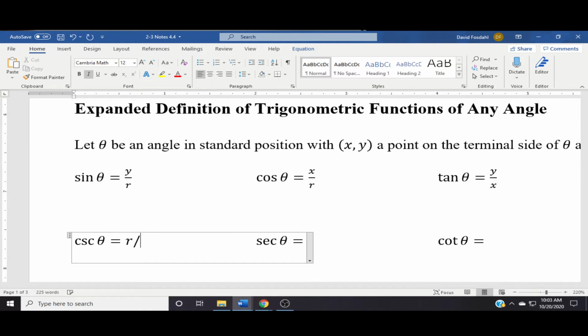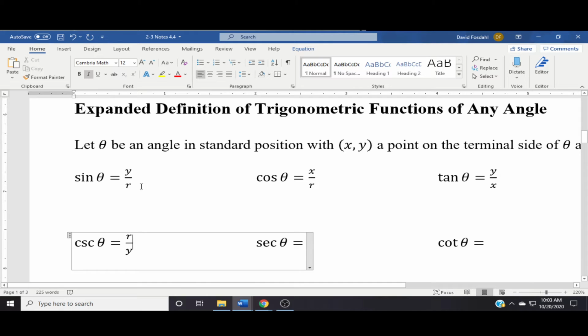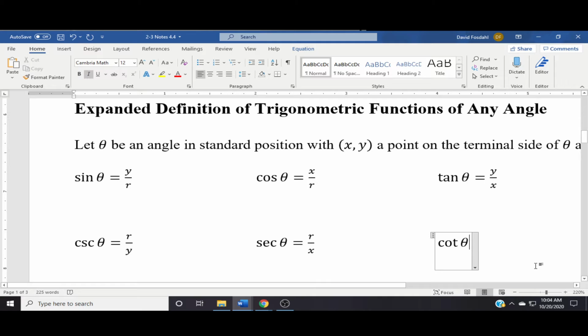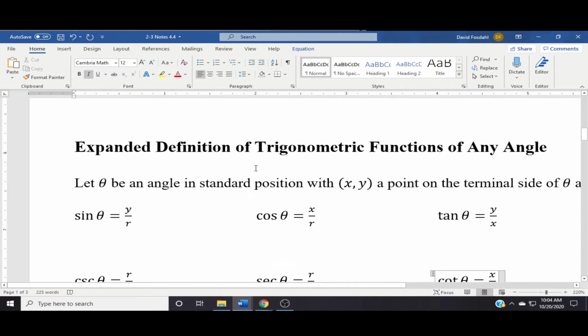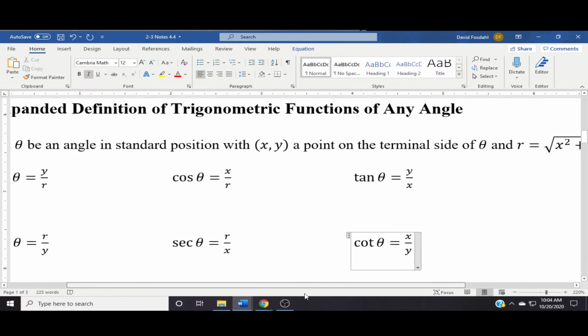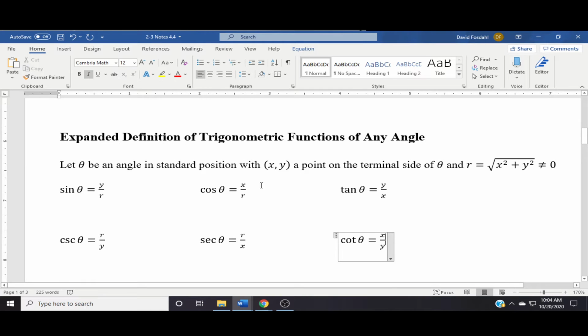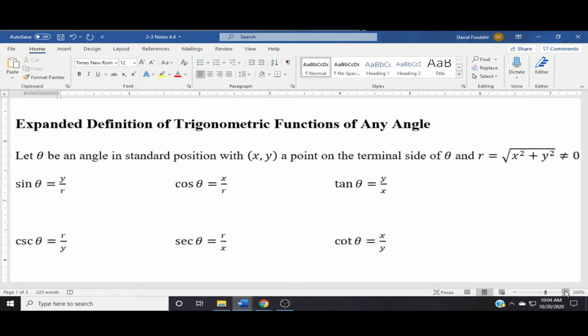So again, this is a pretty simple one: y over r, x over r, y over x, r over y, r over x, and x over y. Definition right here. Let's zoom out slightly so we can see it. You can pause so you can write that down. We'll keep going.